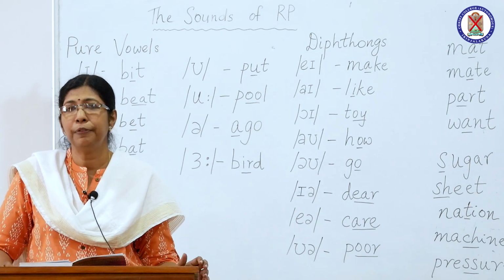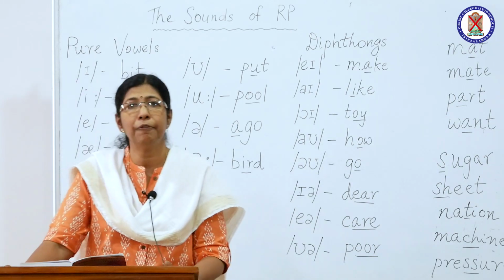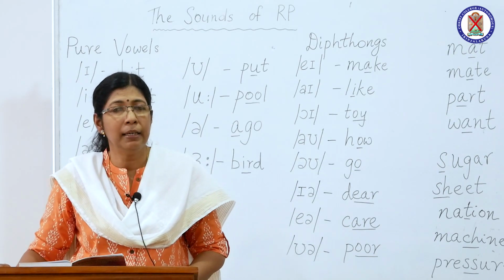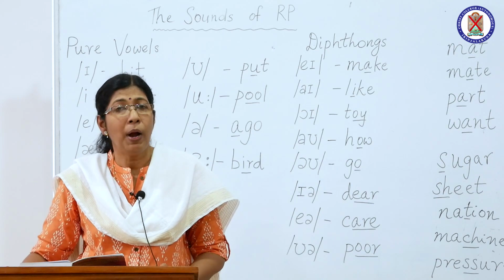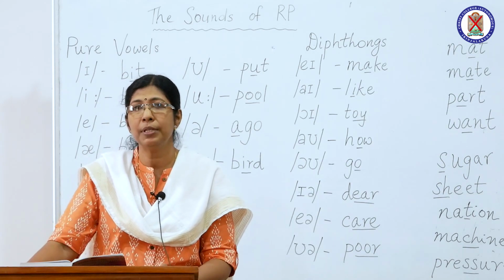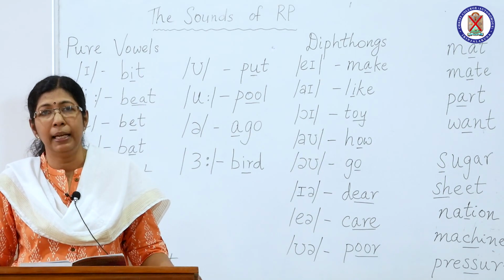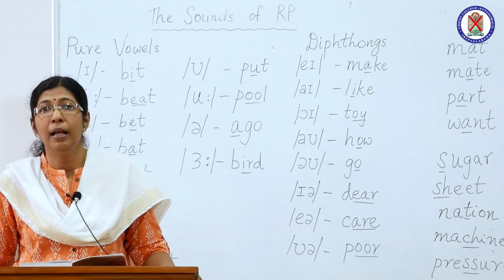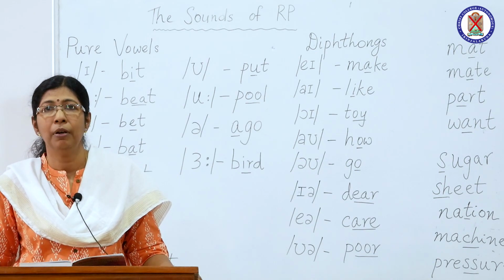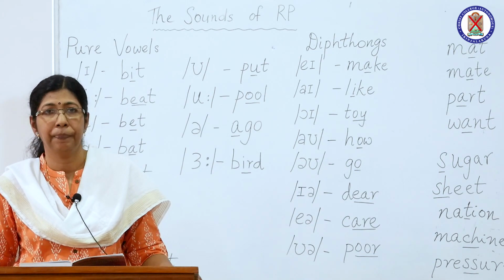So in spite of there being several varieties of English in Britain itself, one particular variety was chosen as the standard variety. And that variety is referred to as Received Pronunciation or RP.